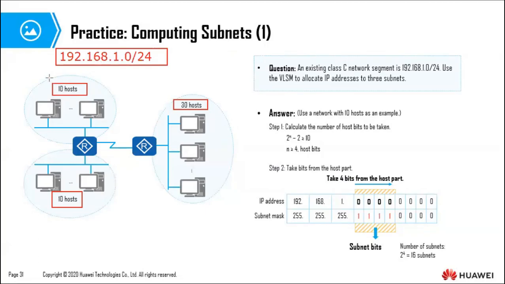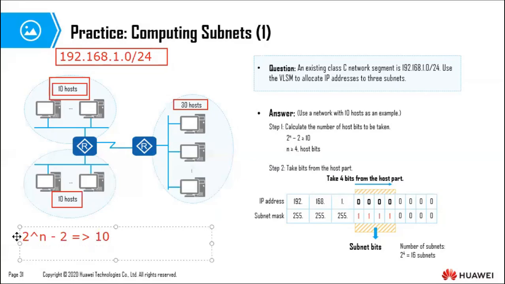So to do that, we come to this lab. We have 10 hosts. So far, we know that in order to get the total number of valid hosts, we normally do 2 raised to power n minus 2. It gives us the number of hosts that we want, right? In this case, we want 10. So this formula must give us any number equal to or greater than 10.